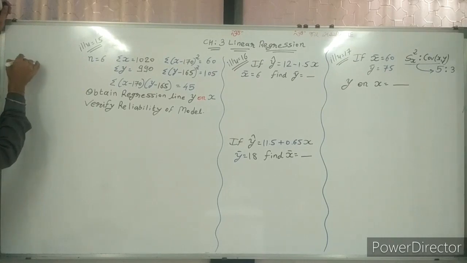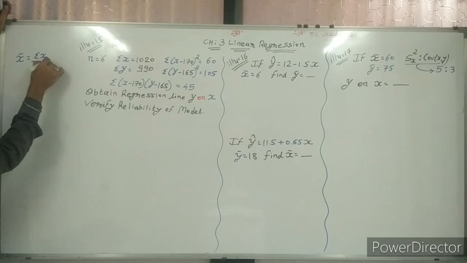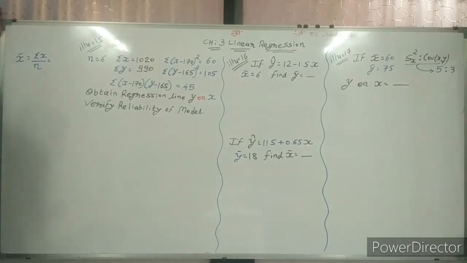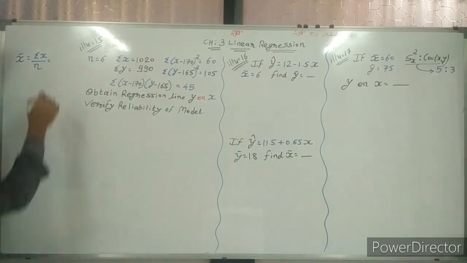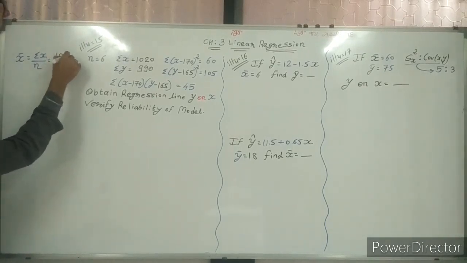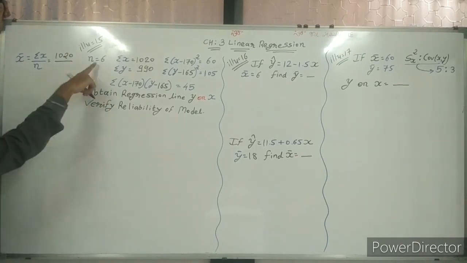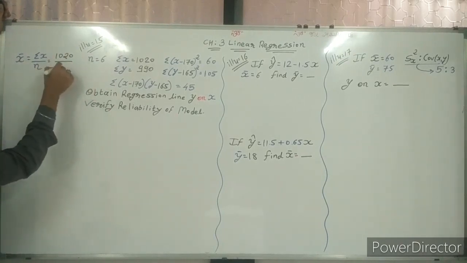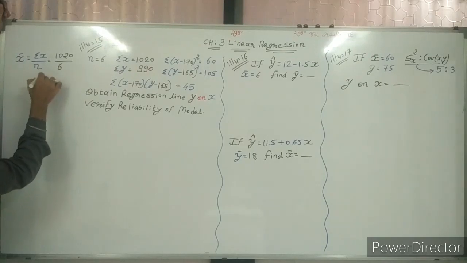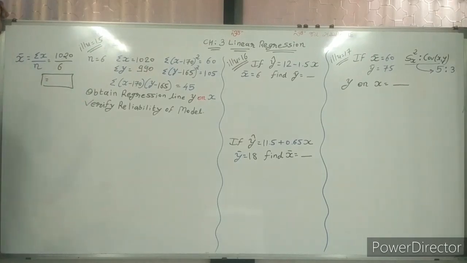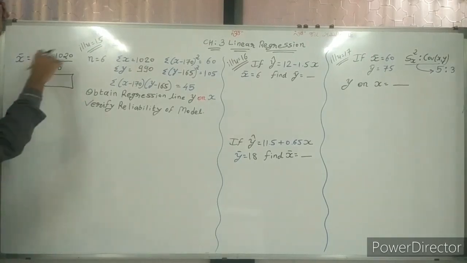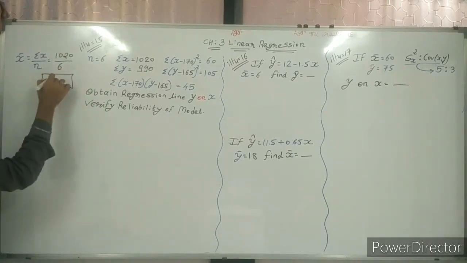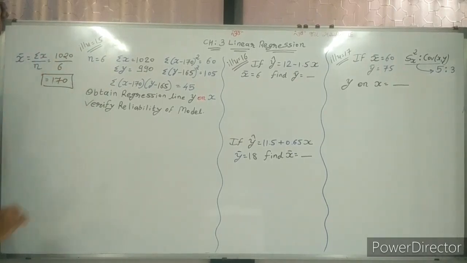So x bar is equal to sigma x divided by n, which we know very well. Sigma x is 1020, divided by n is equal to 6. If you divide 1020 by 6 in the calculator, you will get 170.